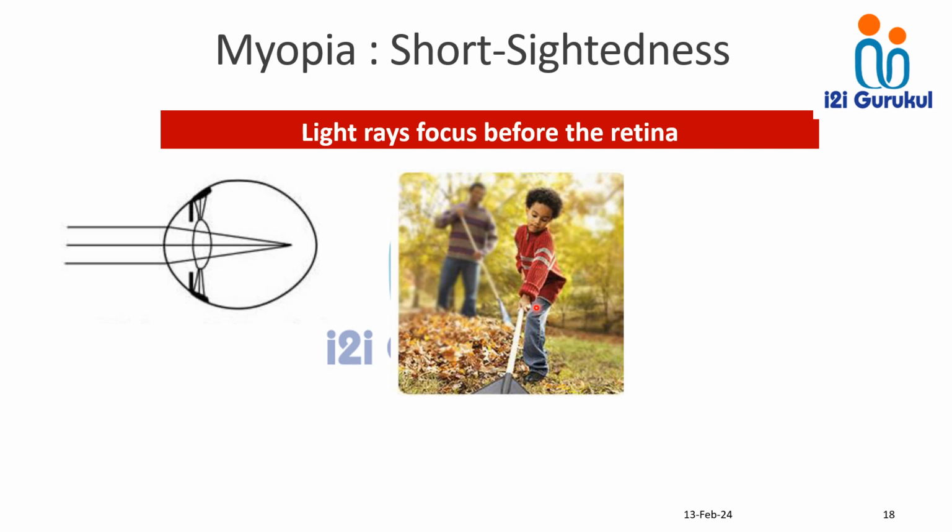What are the signs in this condition? The eyes are prominent, and in the fundus you can see a large optic disc and a crescent around the optic disc. The fundus appears tigroid, having a striped or spotted appearance on the retina.